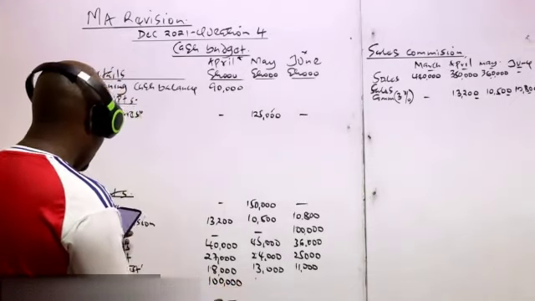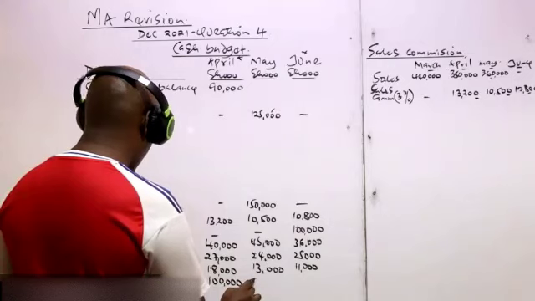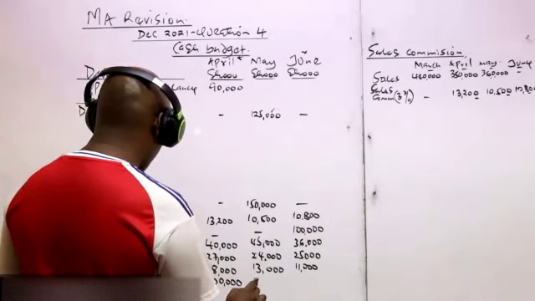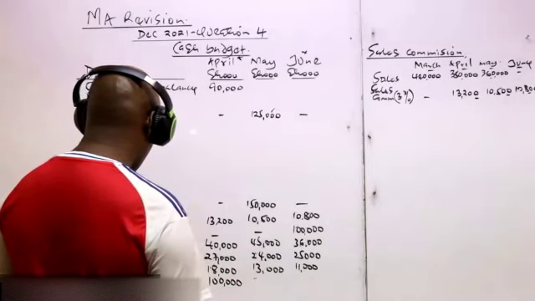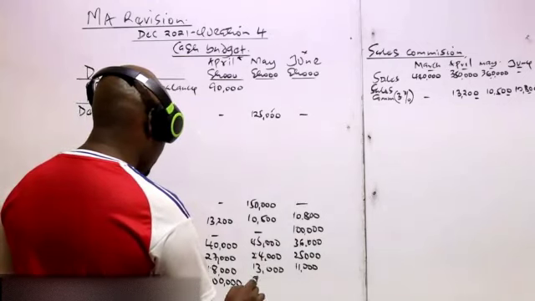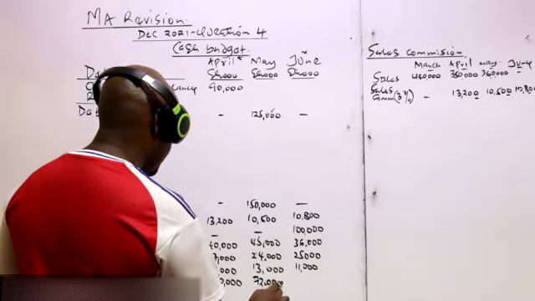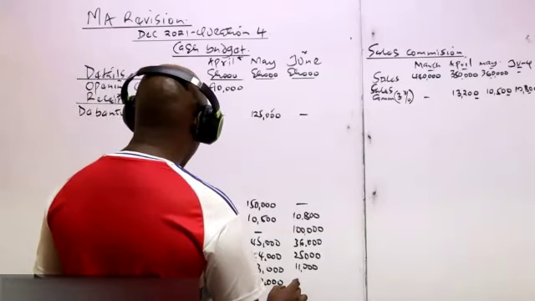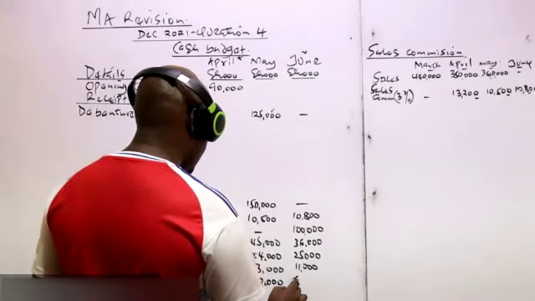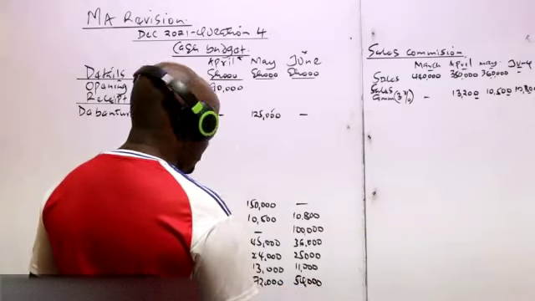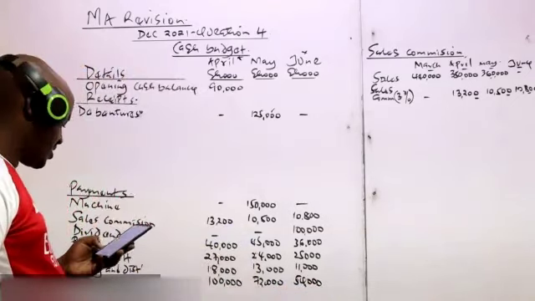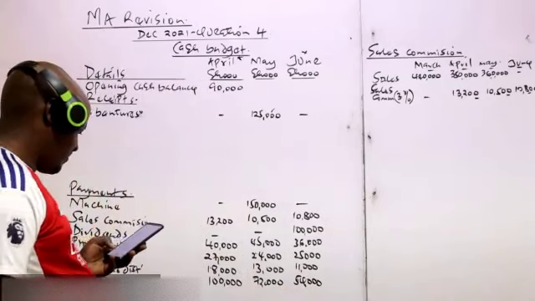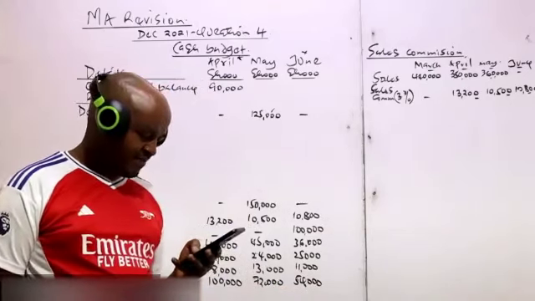The ones to be paid in May are for April, 72,000. The ones to be paid in June are for May, 54,000, like that. Okay, so then from there, we go to note number 8.